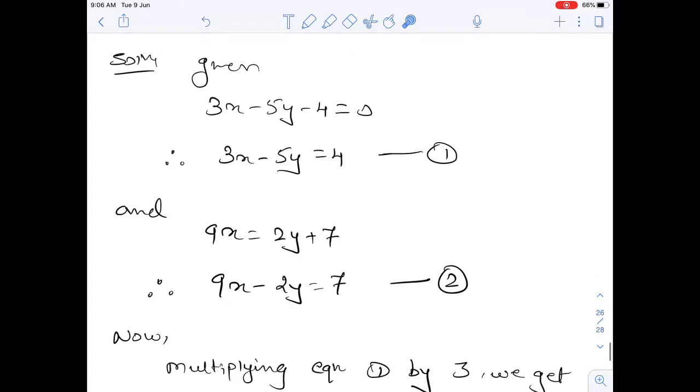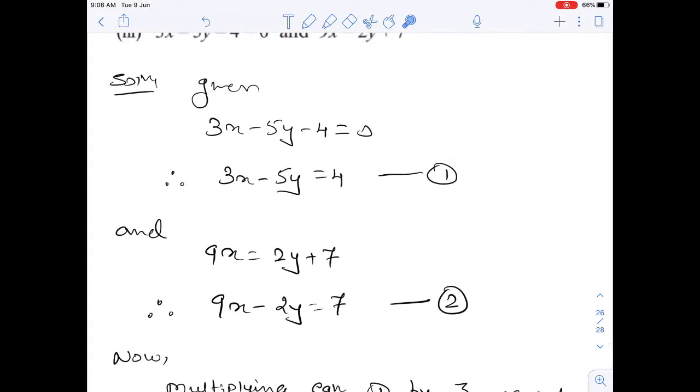Now what we have to do, again same condition: x has a plus sign here and also a plus sign here, y has a minus sign here and also a minus sign here, so we cannot decide. During such a condition we decide which variable can be cancelled easily. It can be seen that in equation number 1 the coefficient of x is 3 and here the coefficient of x is 9.